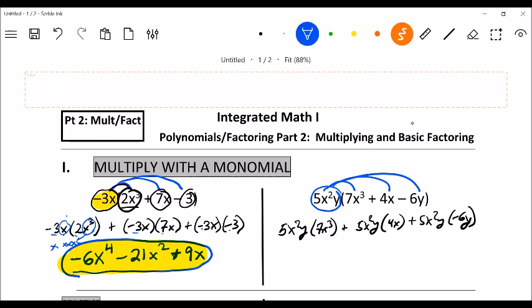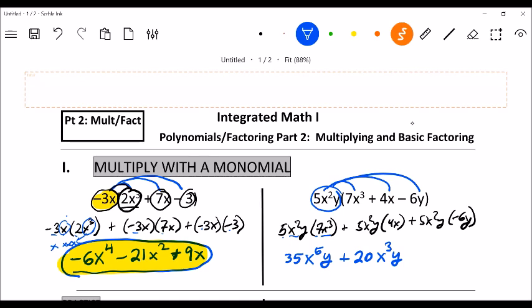So now we will multiply the 5 times 7 and get a 35. And there's 2 x's here and 3 x's here, which makes 5 x's and only a single y. On the next one, 5 times 4 is 20, and 3 x's and a single y.